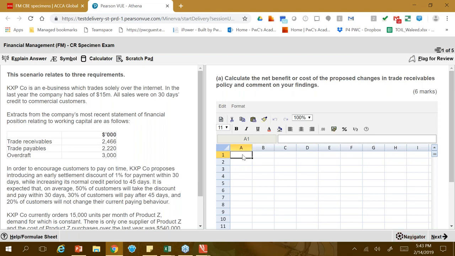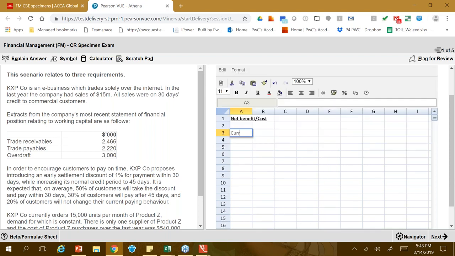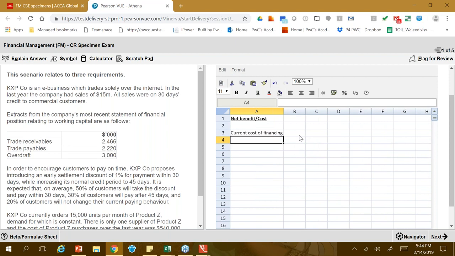What we are going to find is the net benefit or the cost. Now, the first thing is we can find the current cost of financing. Current cost of financing the receivables. How can we find the current cost of financing receivables?